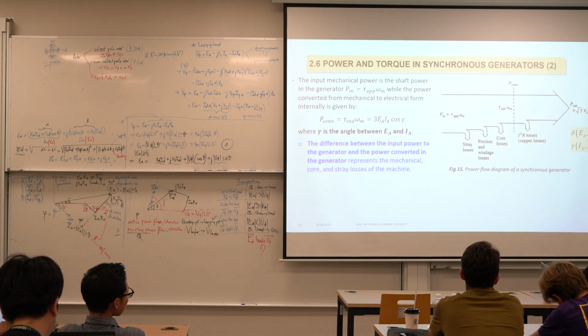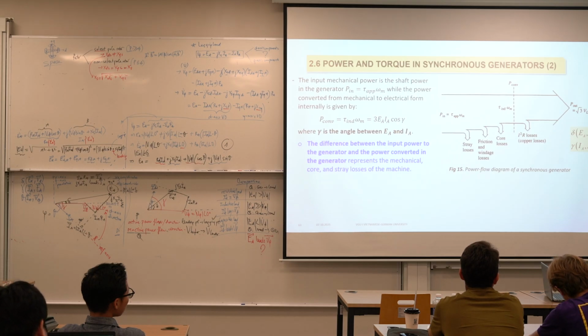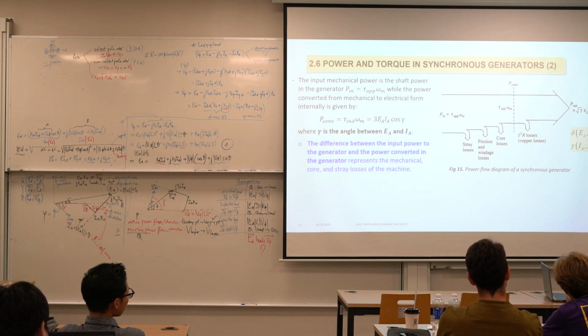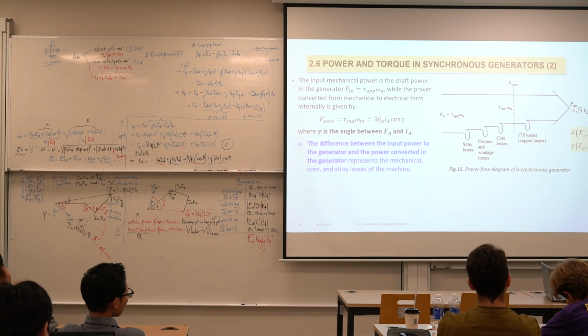We discuss power flow, right? This is a generator. So the input must be mechanical power, and the output is electrical power. So we need to apply mechanical power to the rotor.